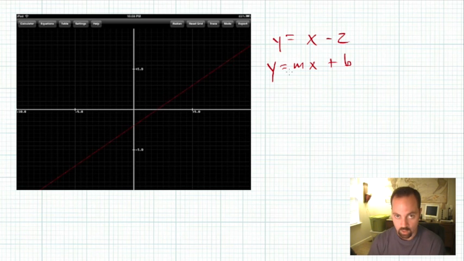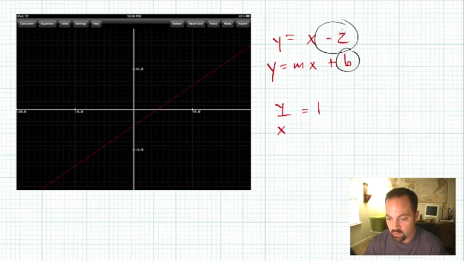Well, the slope is 1, or the relationship between y over x equals 1, but we do have a shifted y-intercept. That is, it's shifted downward such that when x is 0, the graph crosses the y-axis at -2. So this is just a slope of 1 where the whole graph is shifted down right here.